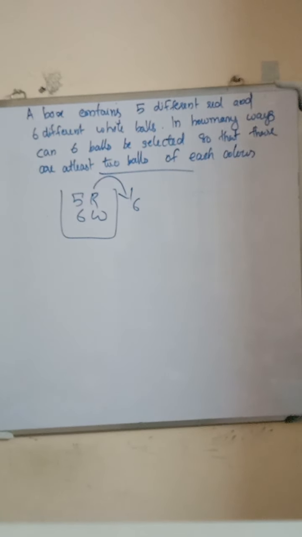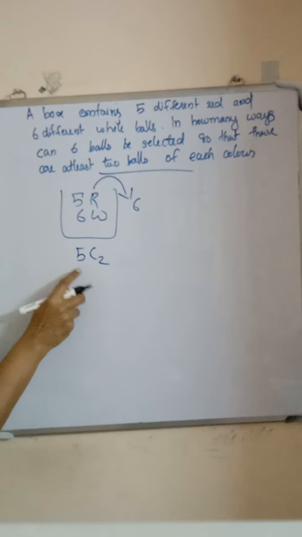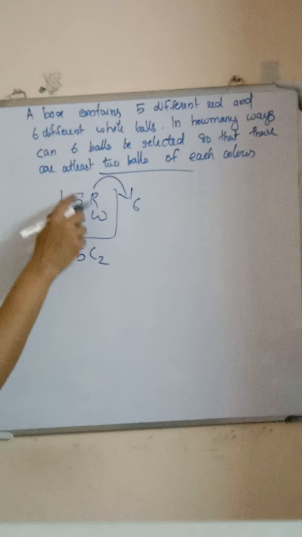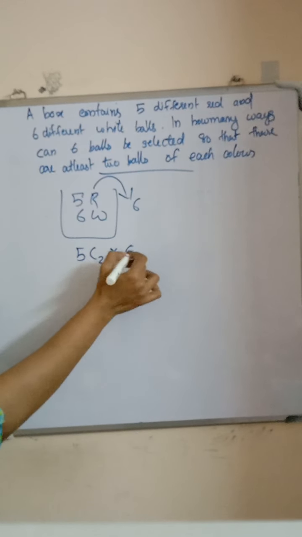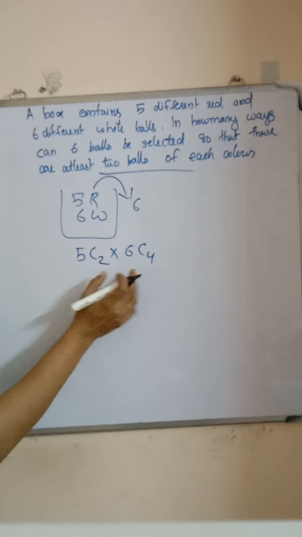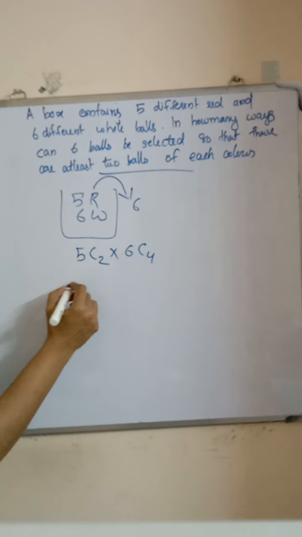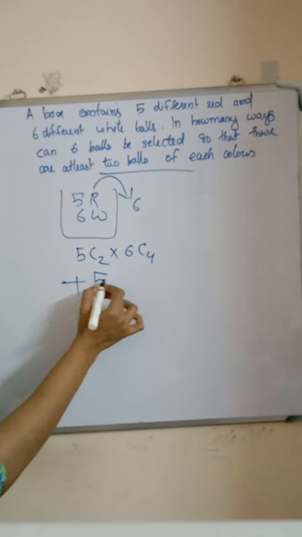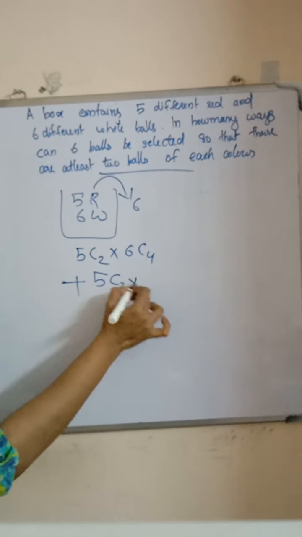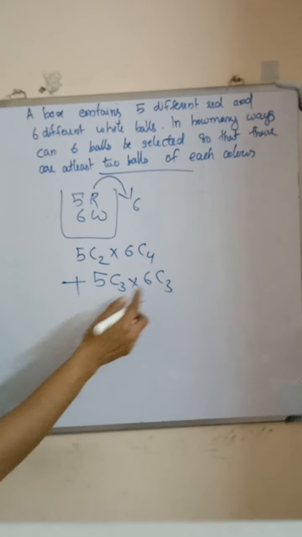This can be done by choosing 2 red balls from the 5 red balls, 5C2, and 4 from the white, 6C4. Or we can select 3 red and 3 white, 5C3 into 6C3.